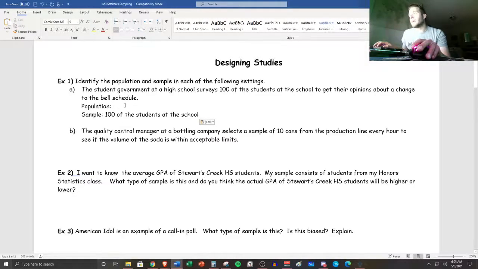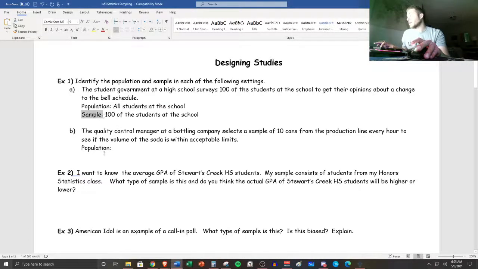Well, they want the opinions about the change to the bell schedule. They want all students' opinions, the general consensus about changing that. So the population is all the students at the school. We take a sample of 100 of those students.